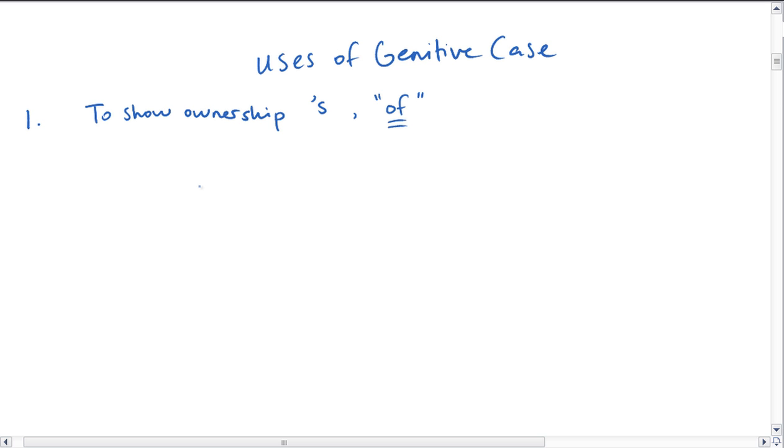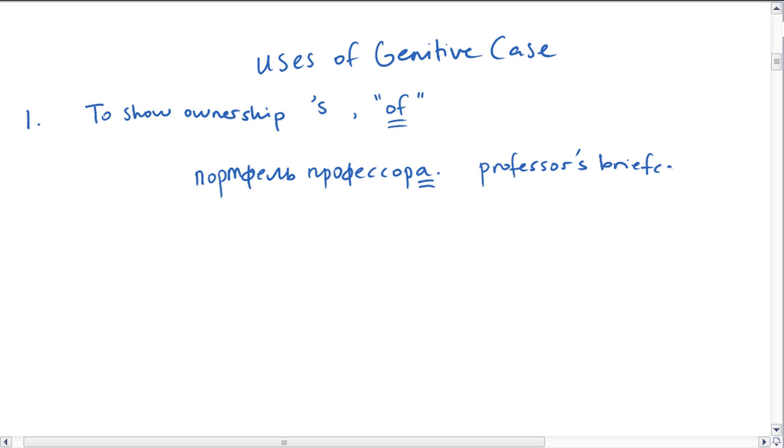So we've got, for example, the professor's briefcase, portfel professora. So this genitive singular ending tells us it's the professor's briefcase. So here's our apostrophe s. Or you could say the briefcase of the professor.